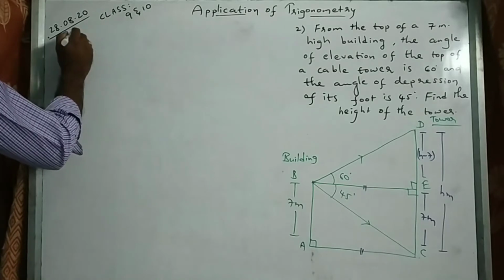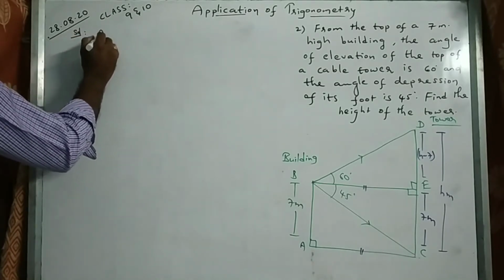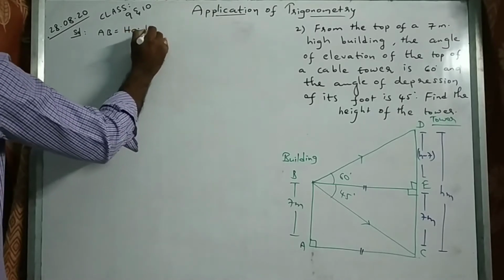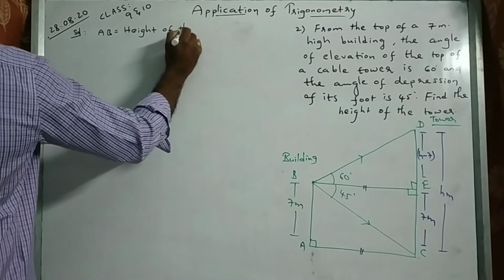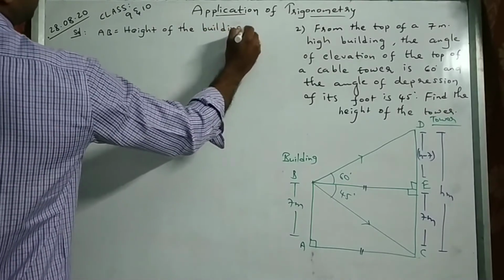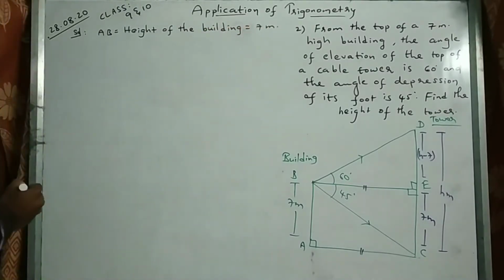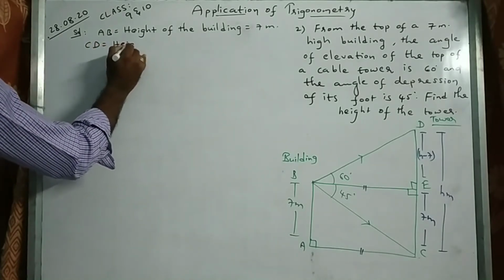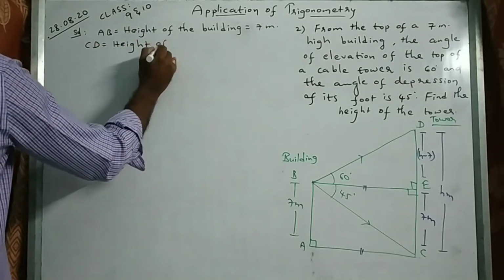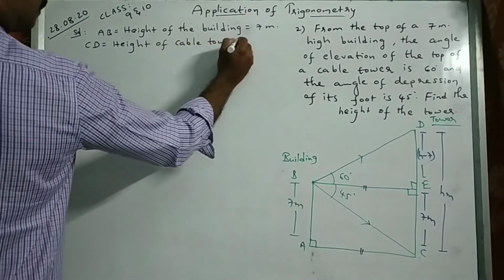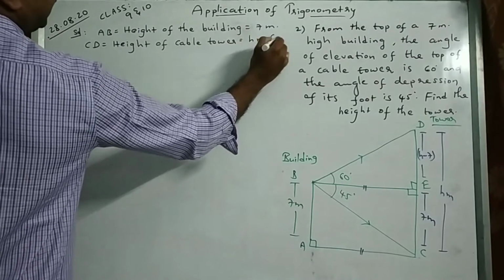So AB equal to, what is AB here? Height of the building equal to 7 meters. CD equal to height of cable tower, H meters, same.